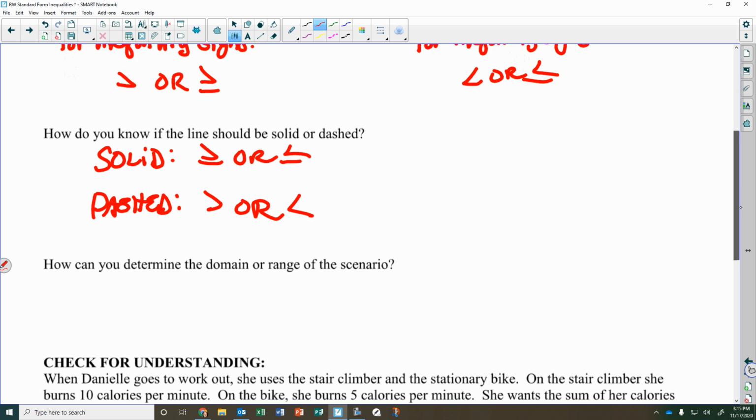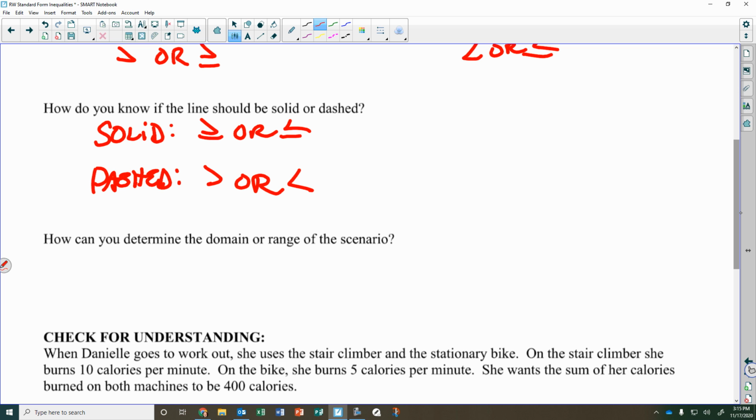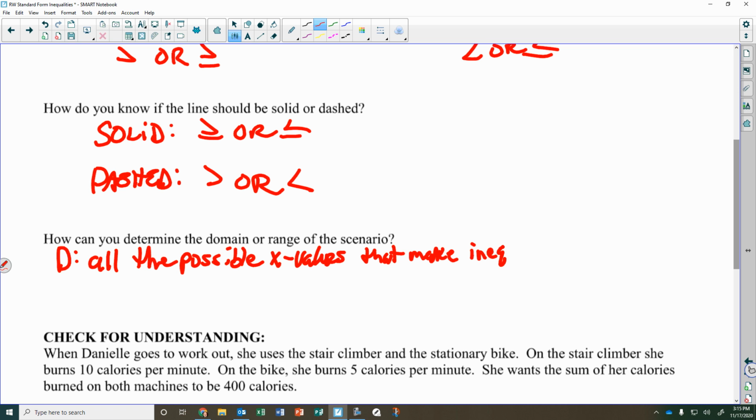Okay? How can you determine the domain and range for each scenario? Well, the domain is all the possible x values that make the inequality true.